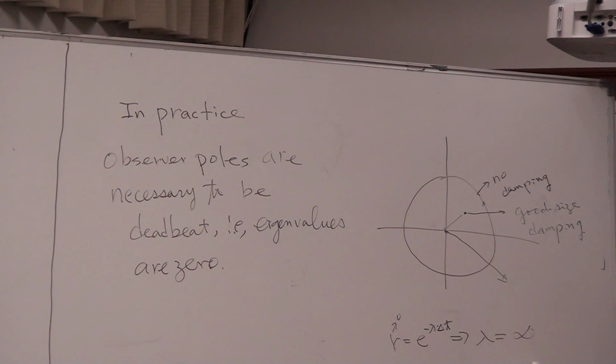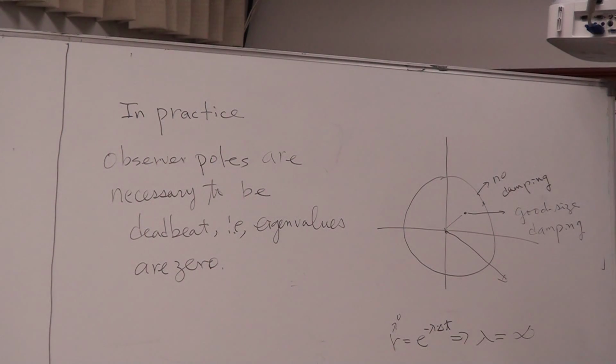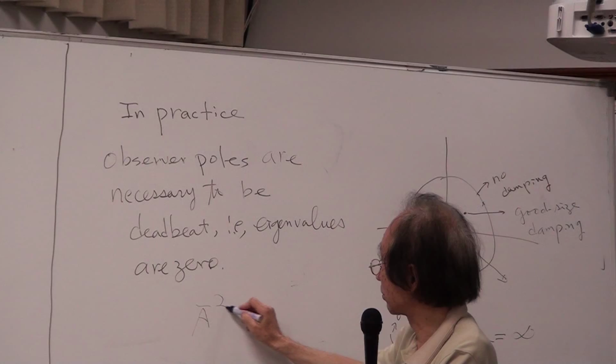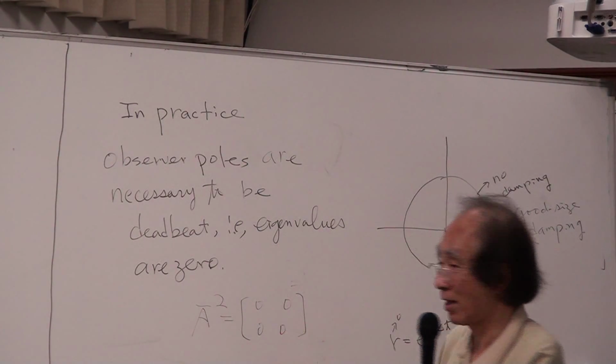Infinity. That means your damping is infinite. Because of the huge step, it will be just that. Like here, we have A-bar squared equal to 0, 0, 0, 0. That's the eigenvalue is 0.